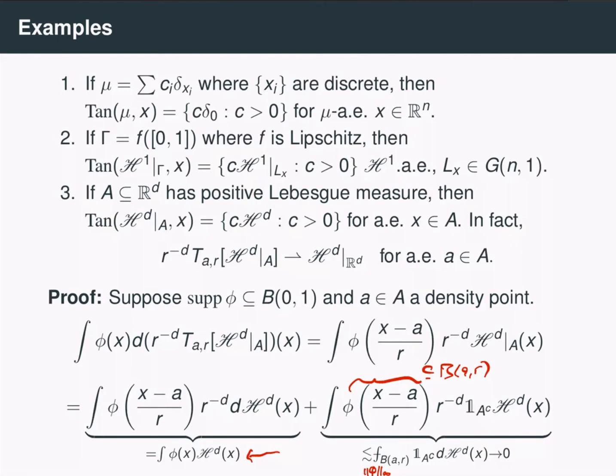So actually all of this is at most a constant times the average integral over B(a,r) of the characteristic function of A complement. And because we've picked a to be a density point of the set big A, this integral as r goes to 0 will actually go to 0. So this integral goes to 0, and thus what we have remaining is the integral of phi with respect to Hausdorff measure, which, since this holds for every phi, implies weak convergence to Hausdorff measure.